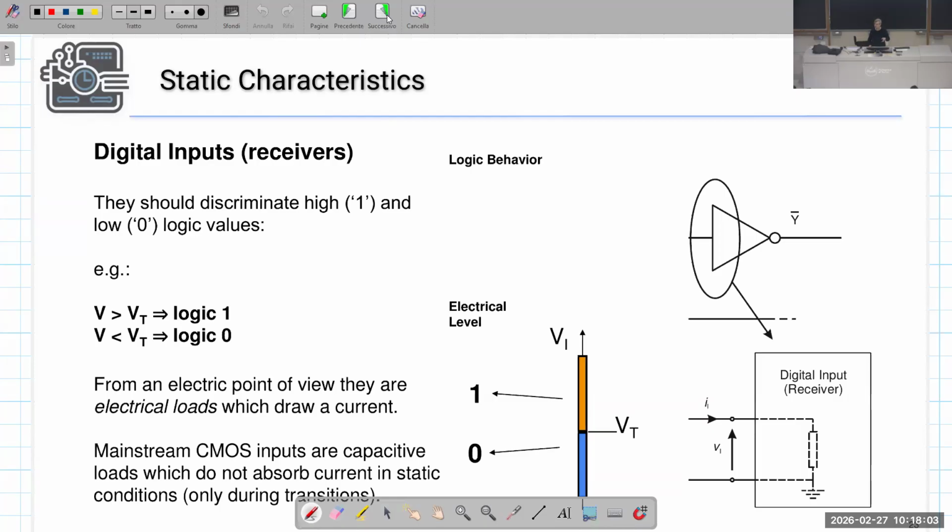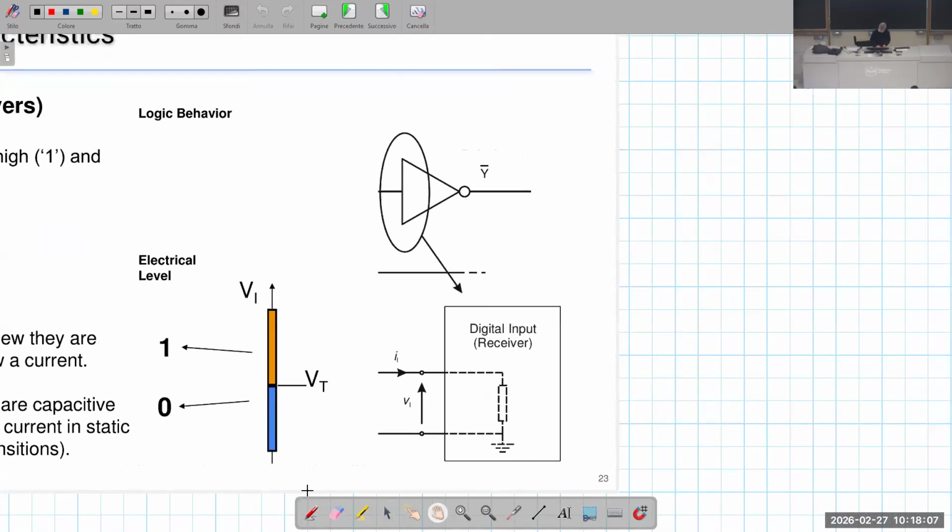In the simplified picture about digital signals that we have introduced starting from the first lecture, we have a signal Vi.